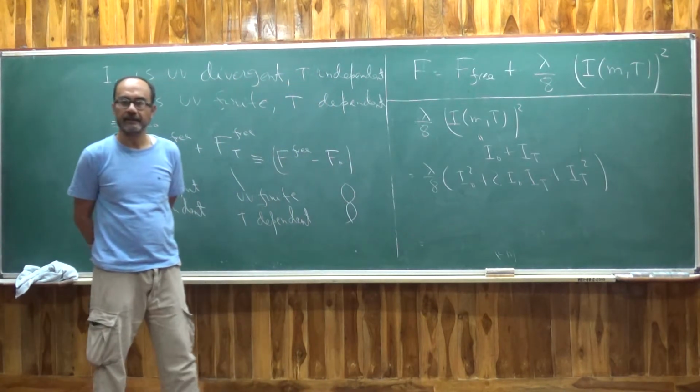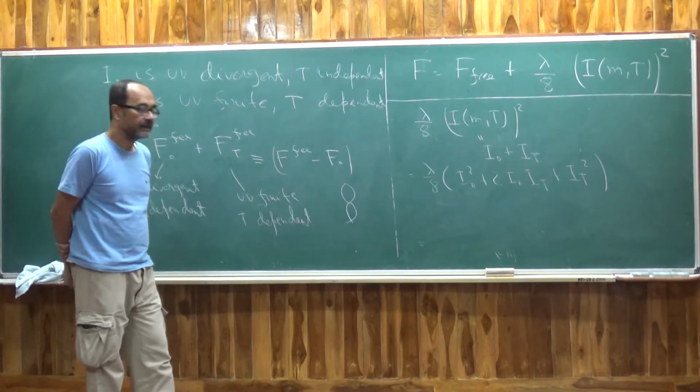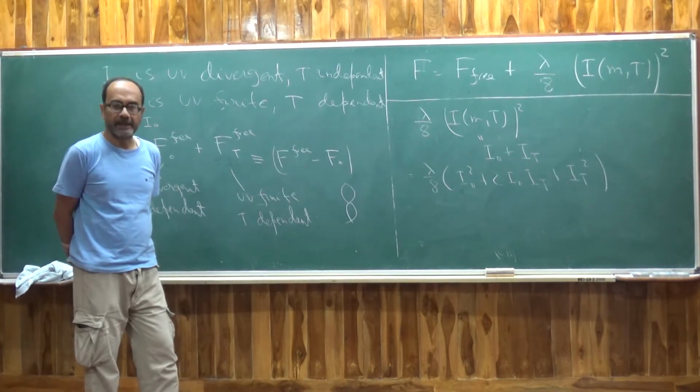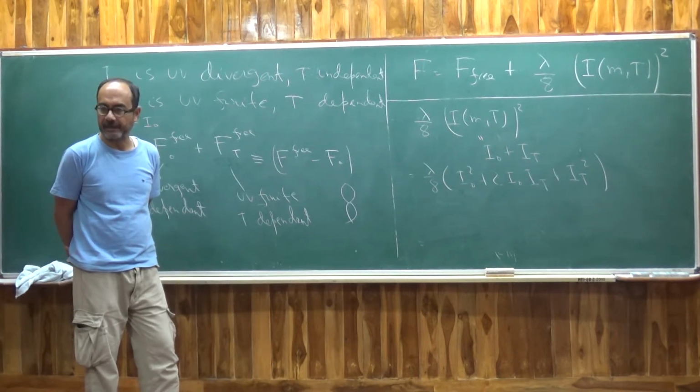So this F_T that you have written, when written in terms of the bare parameter, we don't see this UV divergence. But if you write it in the renormalized parameter, we will see that, because M and M_R differ by order lambda, and that is epsilon dependent, which is a UV divergence in principle.